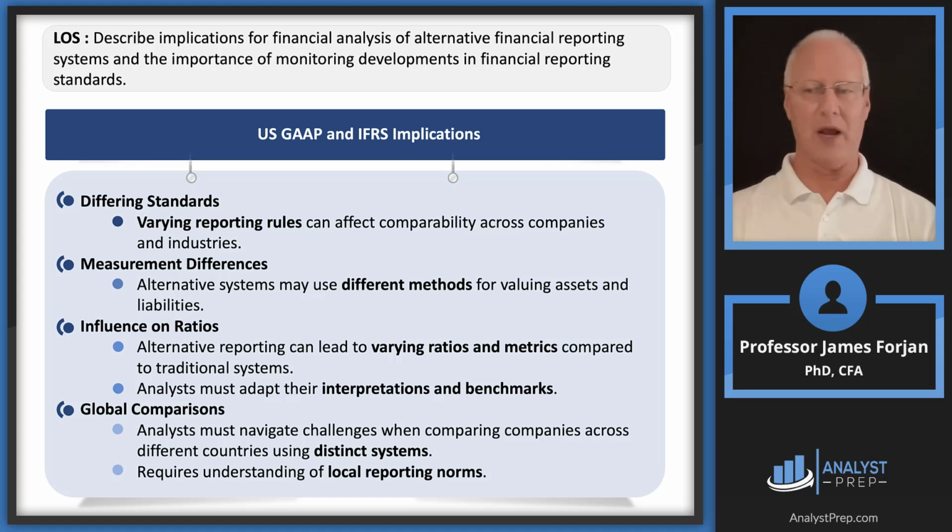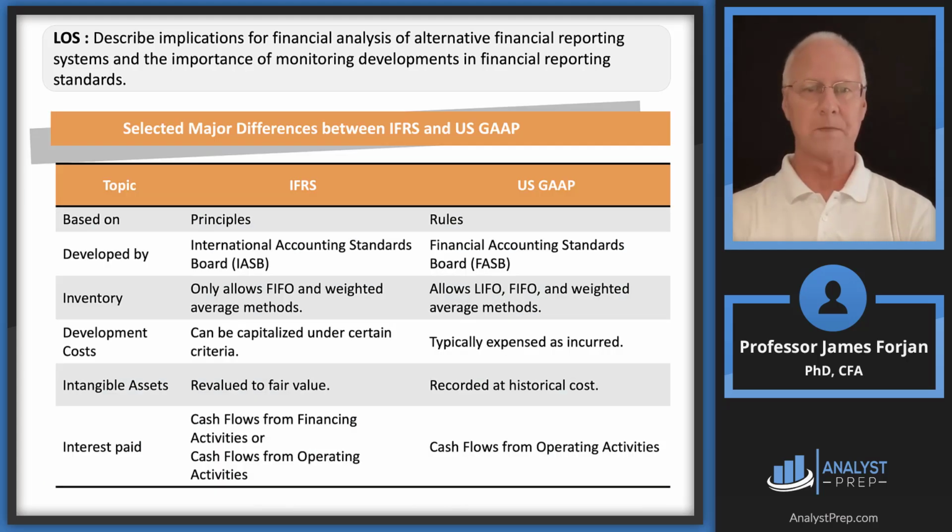They generate the same product lines. They look a lot alike. Why would they have such differences in current ratio? It might be simply because the international standards say, oh, you have to include this, while GAAP standards say, oh, let's go ahead and exclude that. All right, so differing standards, measurement differences, there's the influence on ratios that I was talking about, and there's the global comparison.